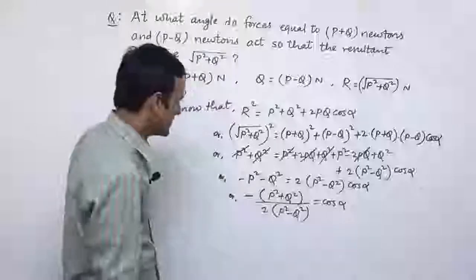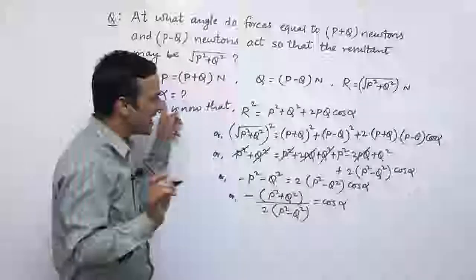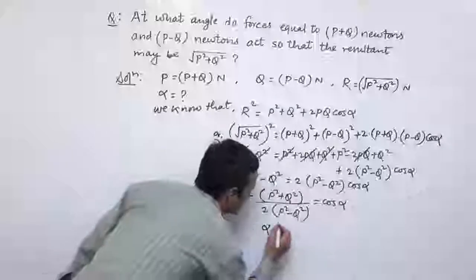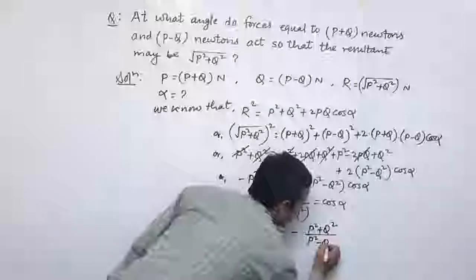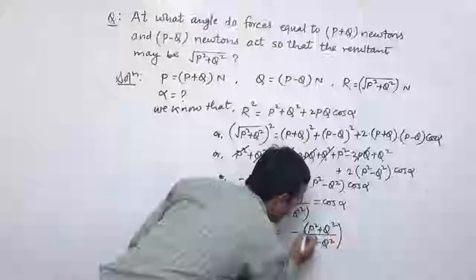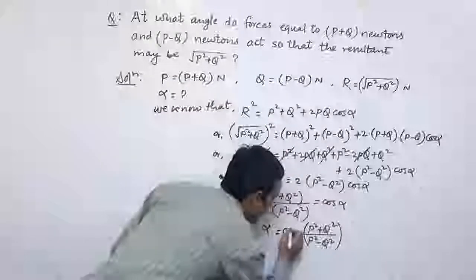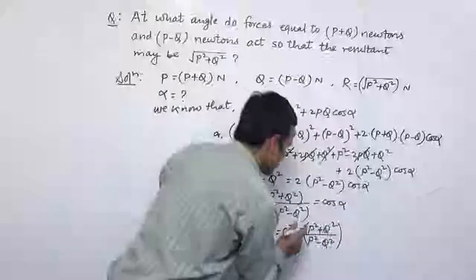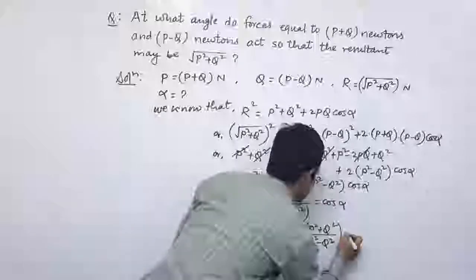We are going to find the angle only, not cos alpha. Therefore alpha is equal to cos inverse of minus P square plus Q square divided by 2 times P square minus Q square.